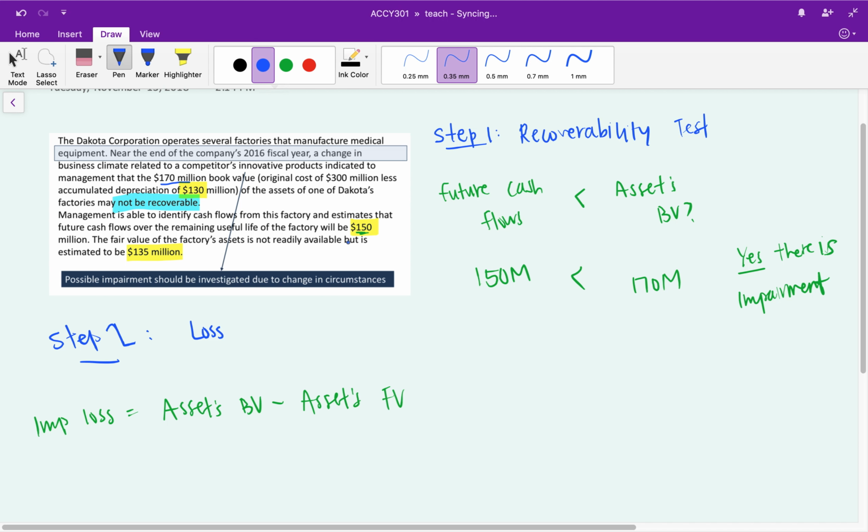By looking at the sheet, it says 170 million, so 170 million minus the fair value, which is 135 million, you get a loss of 35 million. And that's not all that we're solving for. We're actually going to create a journal entry.